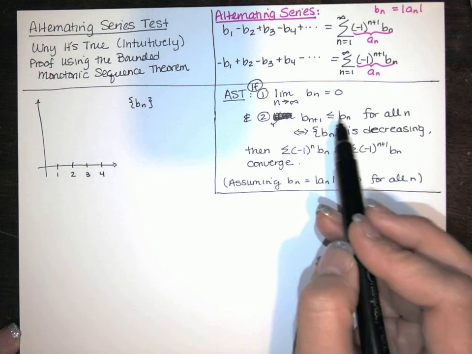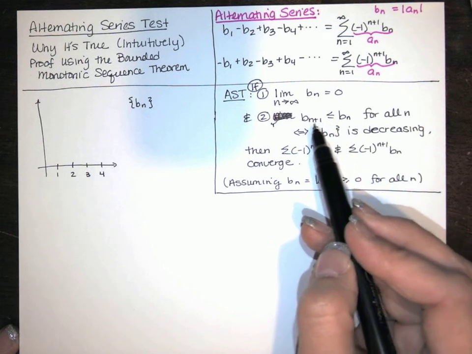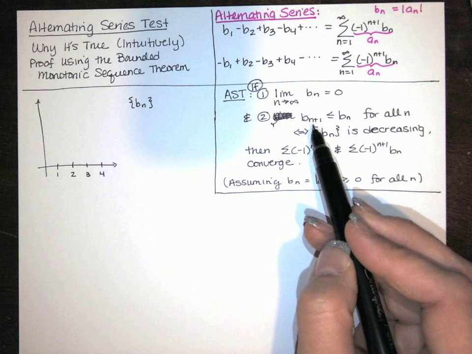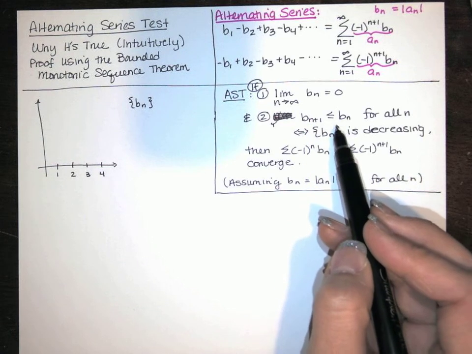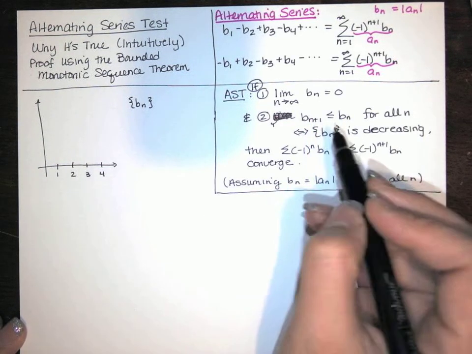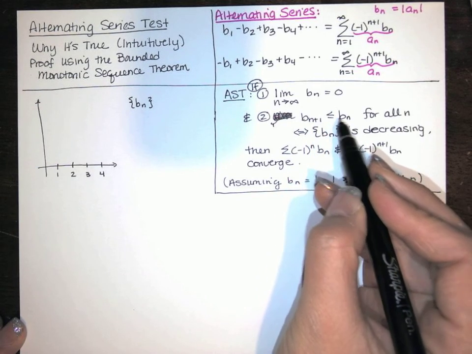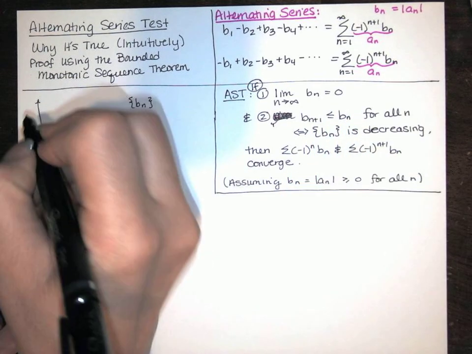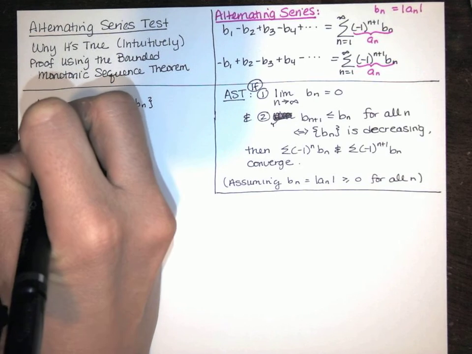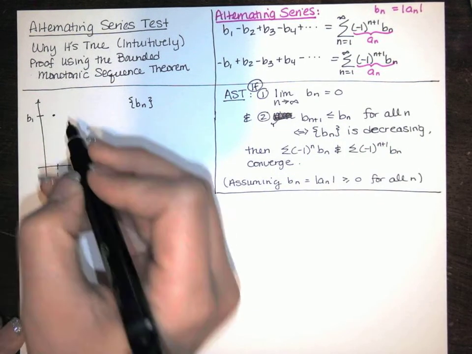Now this says that b sub n plus 1 is always less than or equal to b sub n. Now remember how b sub n plus 1 and b sub n are related. When n equals 1, this says that b sub 2 is less than or equal to b sub 1. So whatever b sub 1 is, let's say it's here, b sub 2 has to be smaller than that.